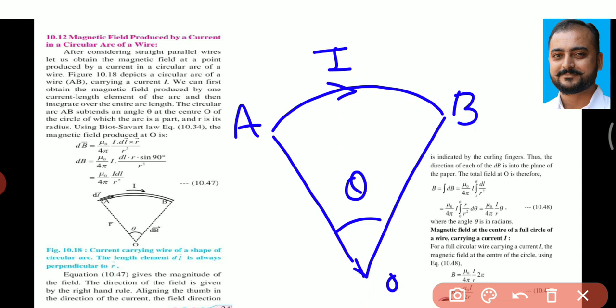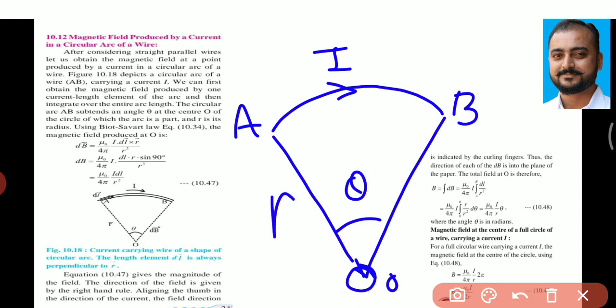Now, to find the value of the magnetic field produced by a current in a circular arc of a wire, basically what we have to find is the magnetic field produced at point O. That is the field at O due to a current flowing in a circular arc of a wire having radius r, a part of a circle that has radius r.